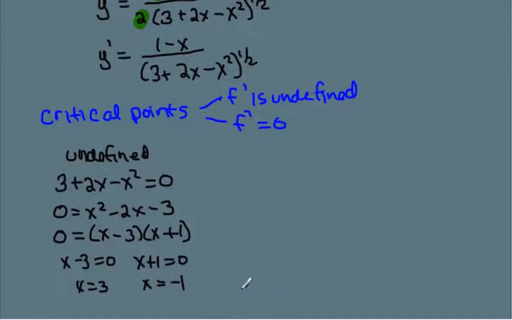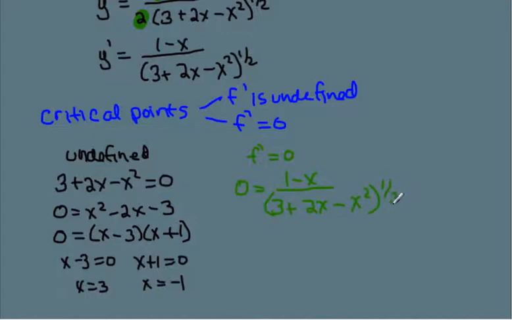Okay, so in the next case, I want to look at where the first derivative is equal to 0. I'm going to take this function right here and say 0 equals 1 minus x over 3 plus 2x minus x squared all to the 1/2.